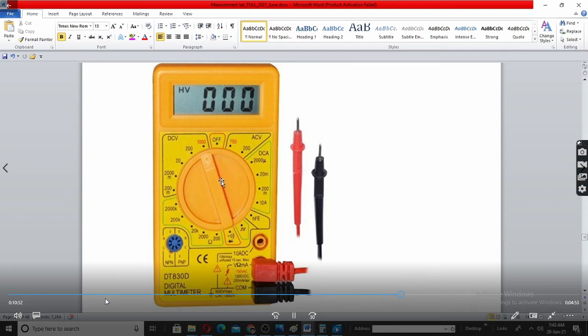Normally, when you select the range, it should be a little bit higher than the actual value of the quantity, voltage, current or resistance, between the terminals of the multimeter, so that the measurement is most appropriate.